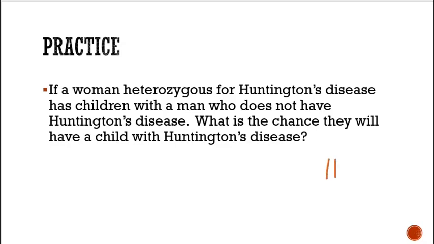All right, so if I just draw this out here, I'm going to make my big H refer to Huntington's, because we just said Huntington's is controlled by a dominant genetic disorder. I'm not going to write Huntington's all the way out. And I'm going to use the recessive or lowercase h for basically having no Huntington's.